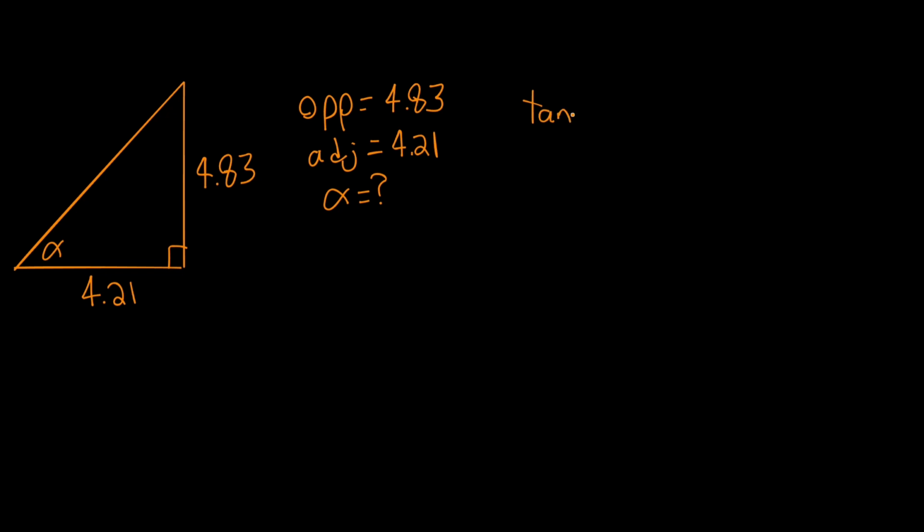So I'll write that tangent of alpha is equal to the opposite over the adjacent. And we specifically want the formulation where we solve for alpha. So we're going to go alpha is the inverse tangent, or tan minus 1. That's probably how it's written on your calculator, as being equal to the opposite over the adjacent sides.